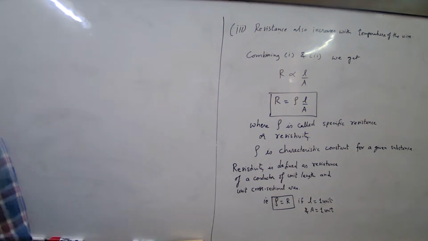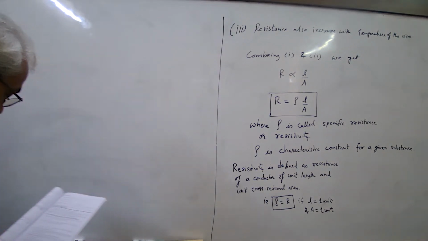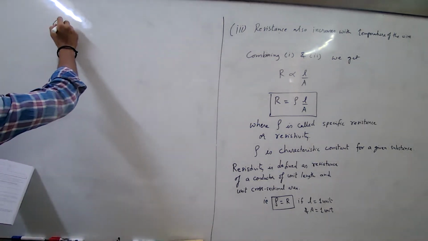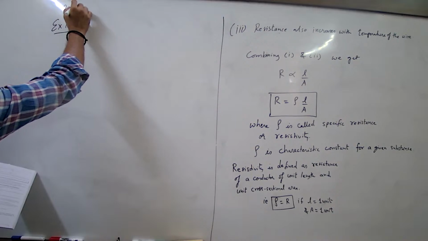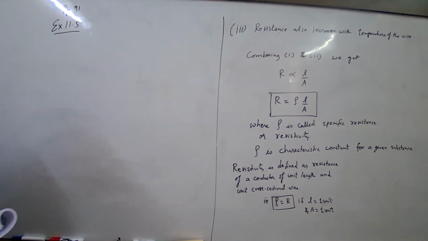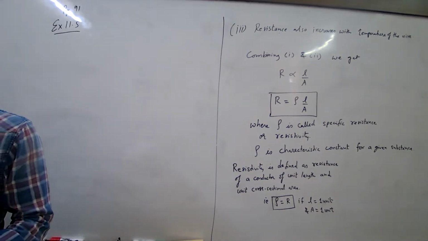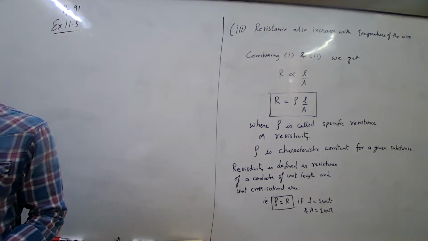Now let's do example 11.5. It is on page 91. So what is given here? A wire of given material having length L and area of cross section A has a resistance of 4 ohm.